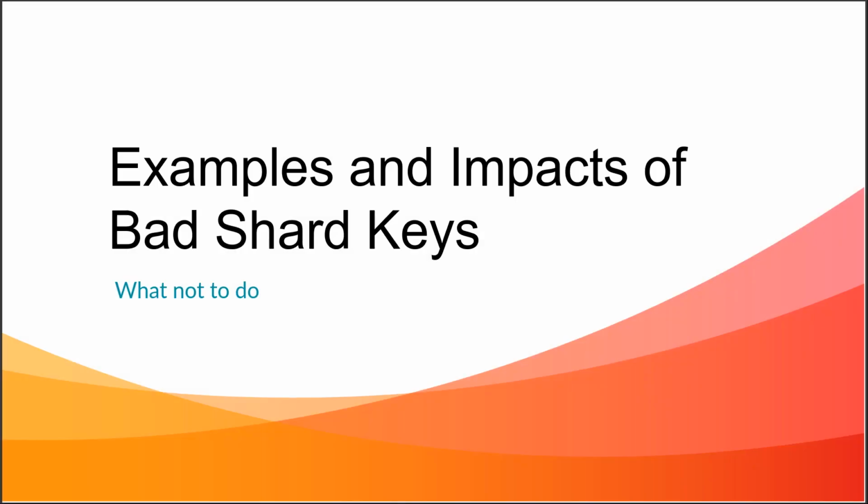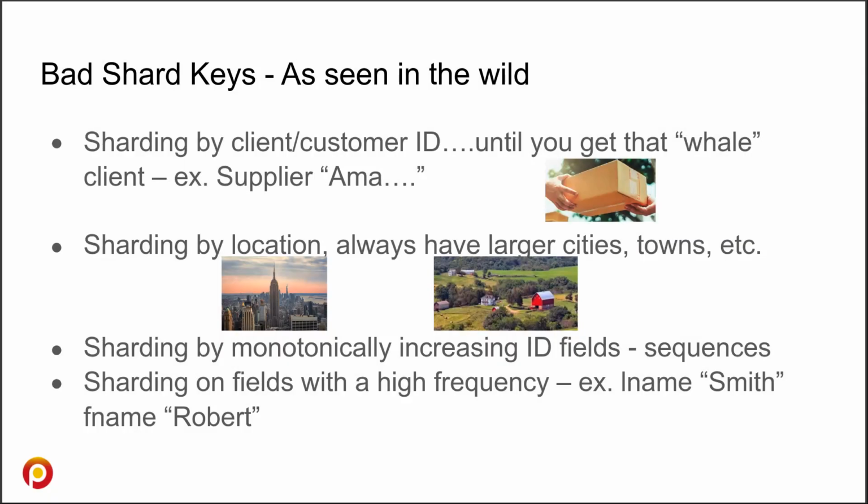Yep, thanks, Kimberly. And yeah, I'm sure we all have some pretty good war stories here. So I'll give you some examples and some impacts of bad shard keys as seen in the wild. Again, this is similar to the user ID, where you think, okay, I have lots of clients or customers, let me shard by client or customer ID.